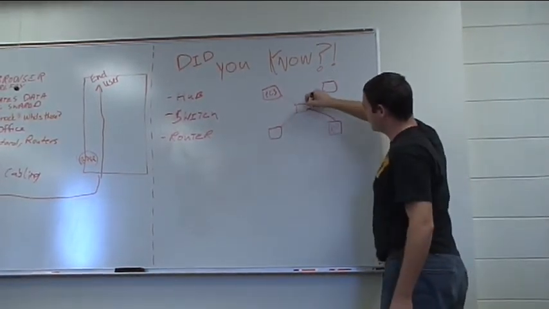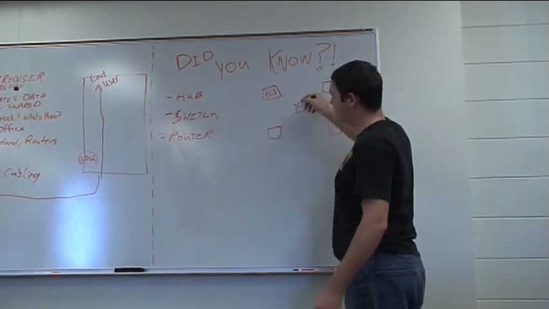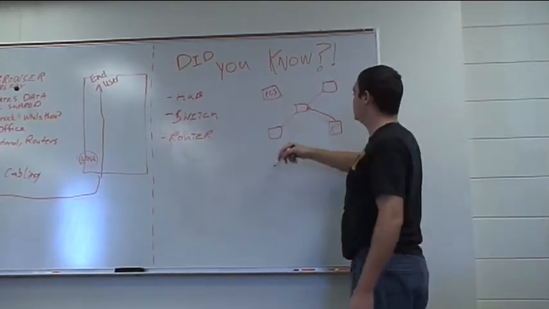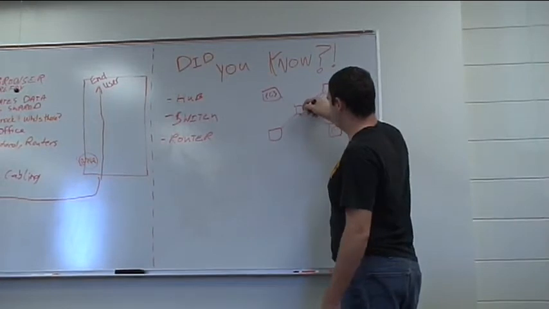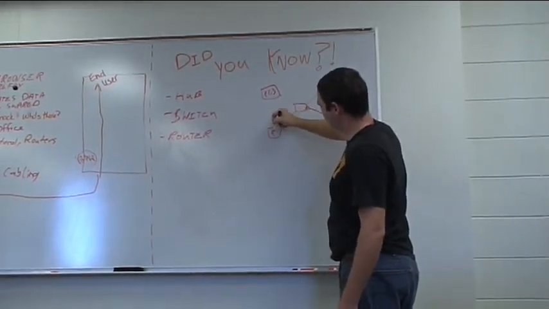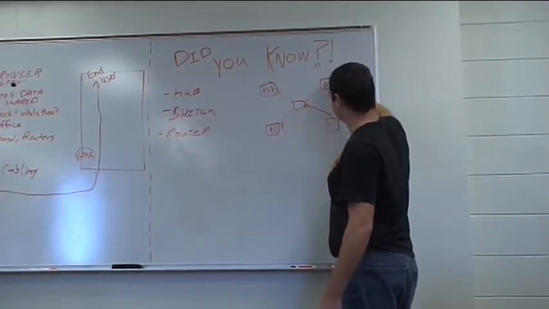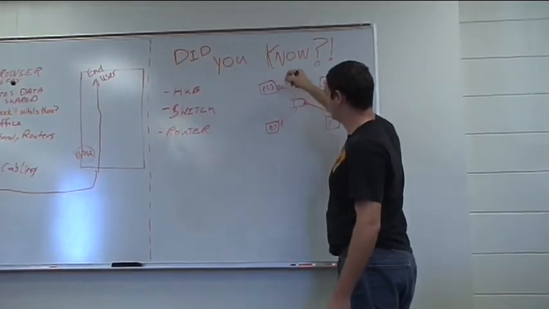PC1 sends this message to the hub, intending for it to go to PC3. The hub doesn't know that. So it takes that message, sends it to PC4 and to PC2, along with PC3.